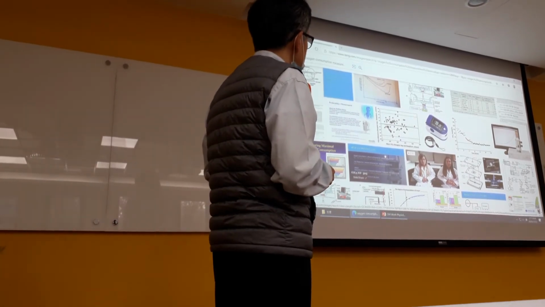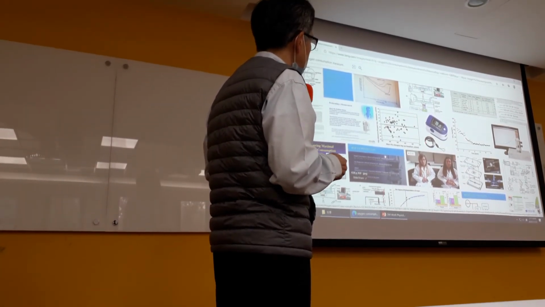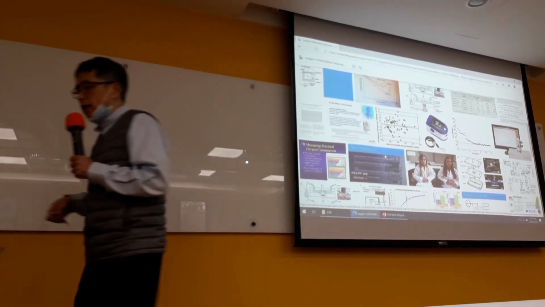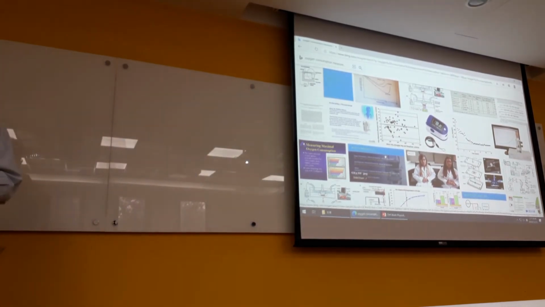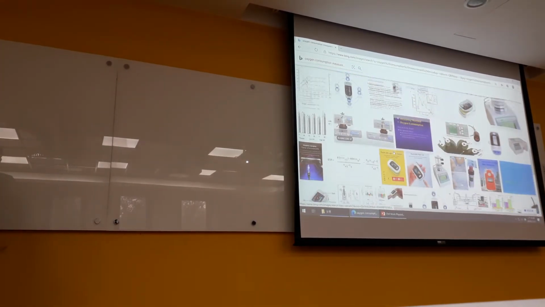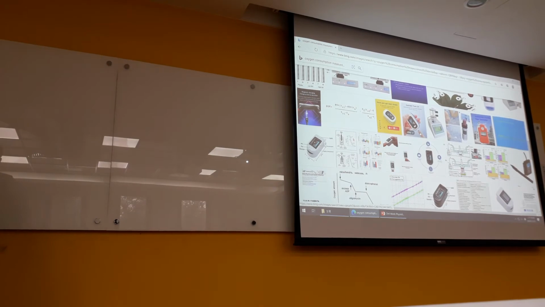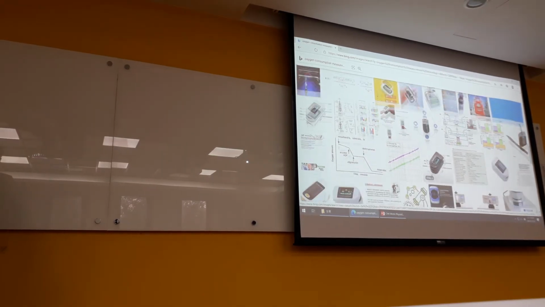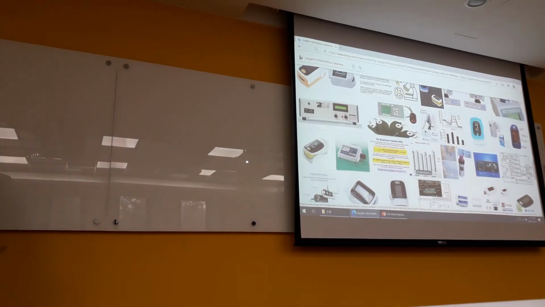Okay. So with this kind of technique, we can also correlate this information with the energy consumption. So you can actually put a finger right here, and then it will show you the oxygen concentration.